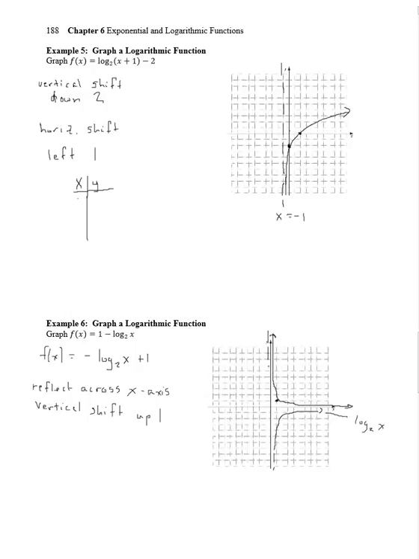And we still have a vertical asymptote at x equals 0. And this one is our log base 2 of x plus 1. Okay, moving on to the next page.